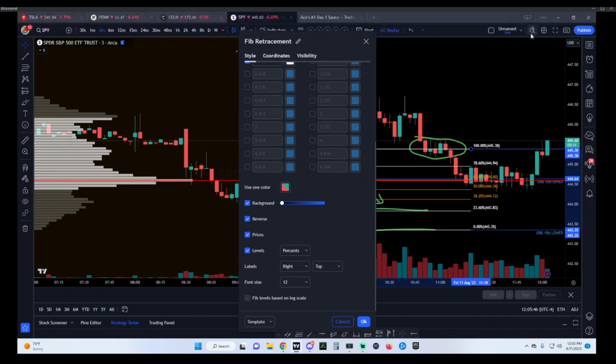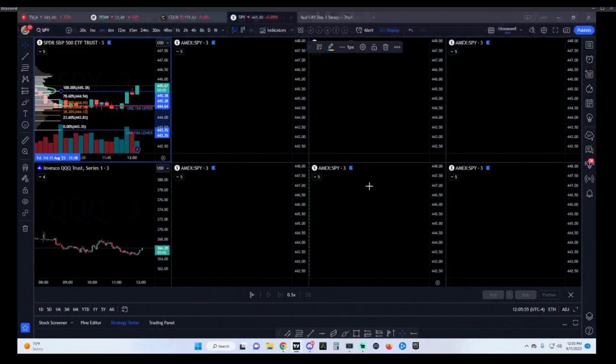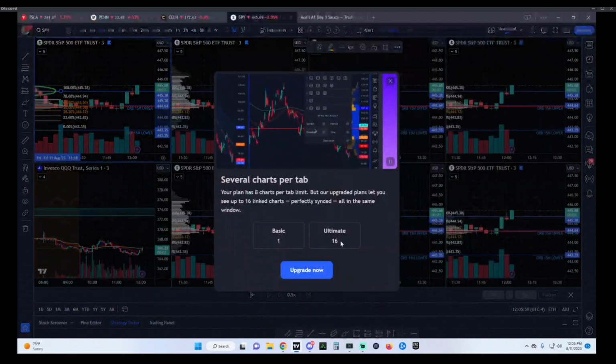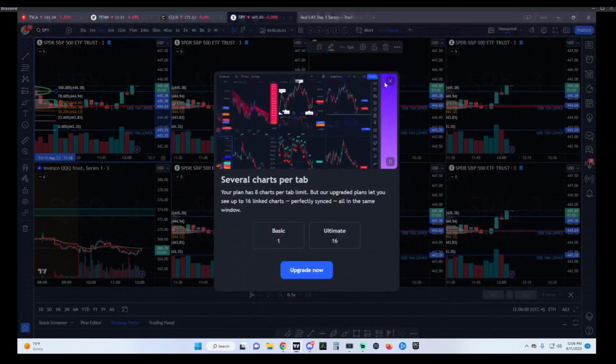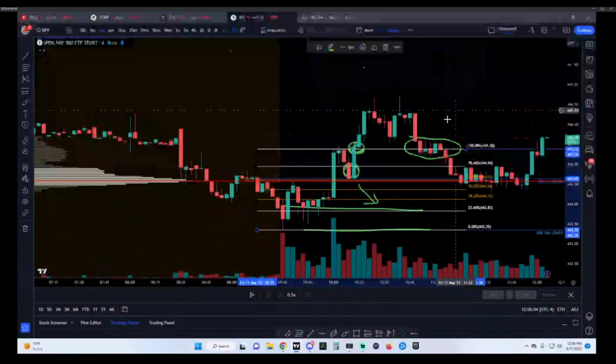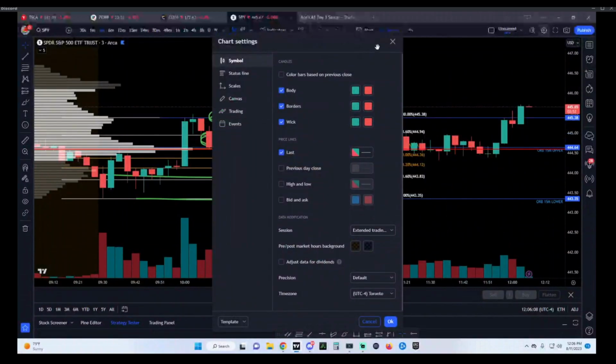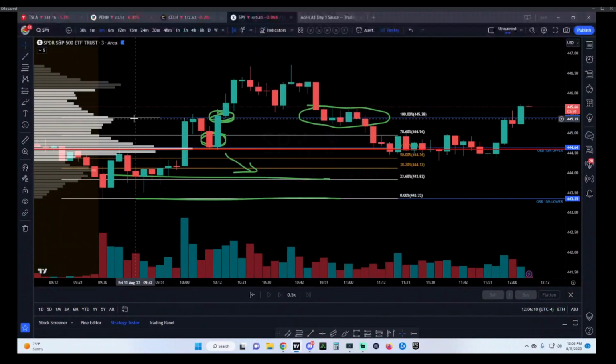There's a new package, they added another one. Look at this, there's 16 indicators now. I can't click the fib level based on log scale either. That's interesting. Okay, doesn't matter.